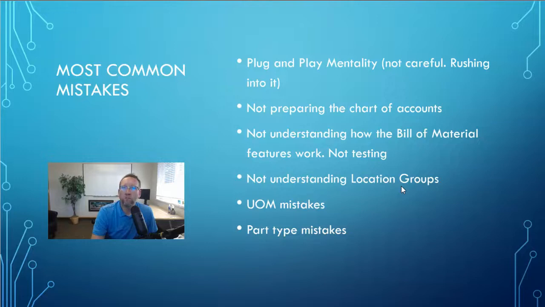A location group was designed to represent a building with an address. And we'll talk about how to fix that and why it's not always the best idea to use a location group as a zone or an area instead of its designed original intended purpose.